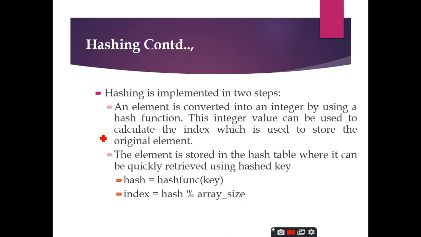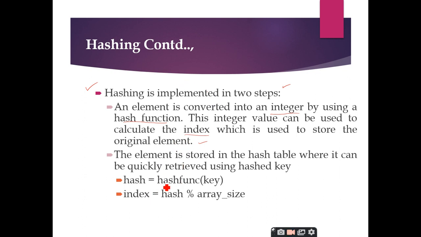Yes, sir. So hashing, this is important. Hashing is implemented in 2 steps. The first one is that an element is converted into an integer by using a hash function. This integer value can be used to calculate the index, which is used to store the original element. By reading this statement, you can get nothing, I am sure.